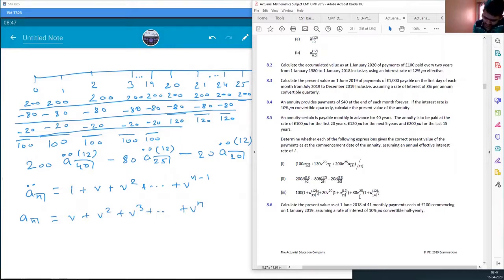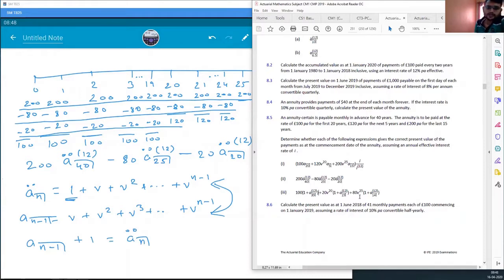So here, instead of n, if I go only till n minus 1, the only difference between these two is this 1. So I can say A n minus 1 plus 1 will give me ADU n.